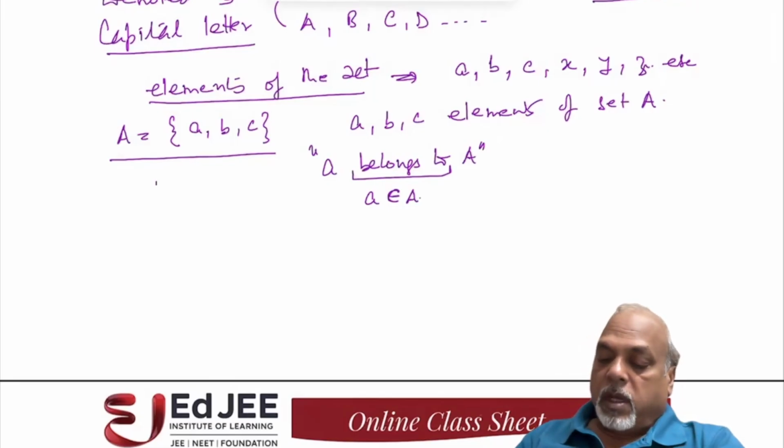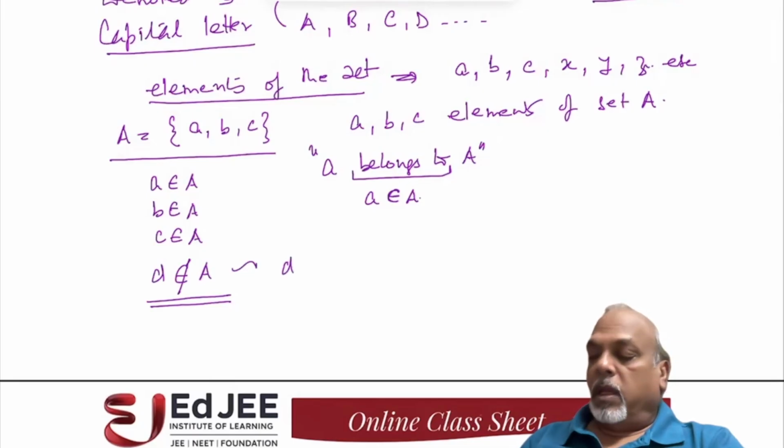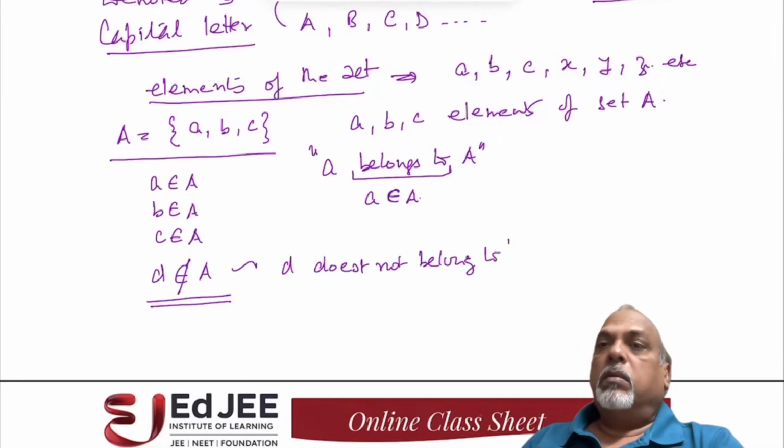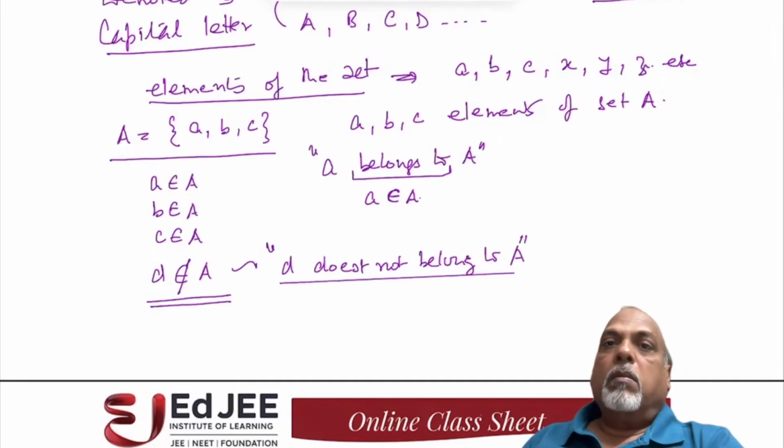Here in this case, a belongs to A, b belongs to A, c belongs to A. But suppose we say d does not belong to A. This is shown like this. Means d does not belong to A. Correct?